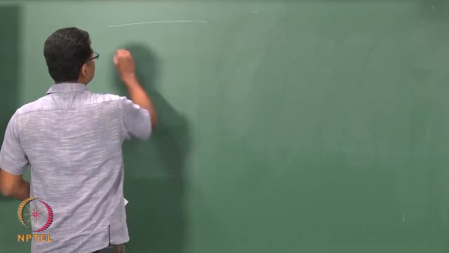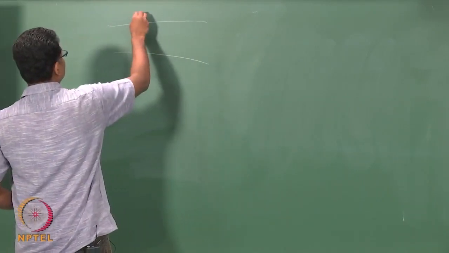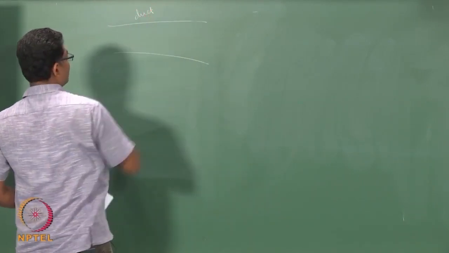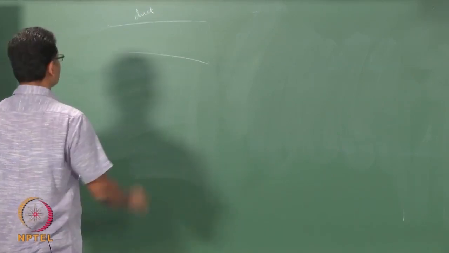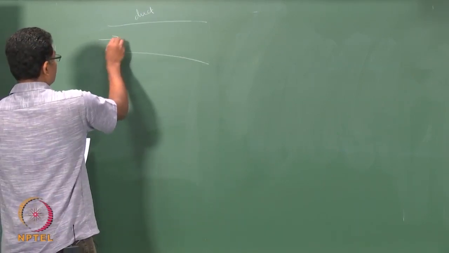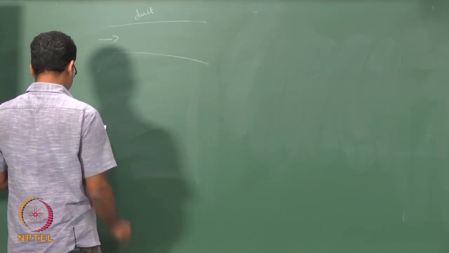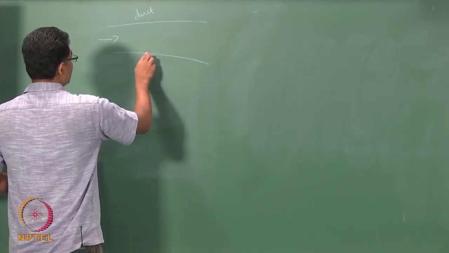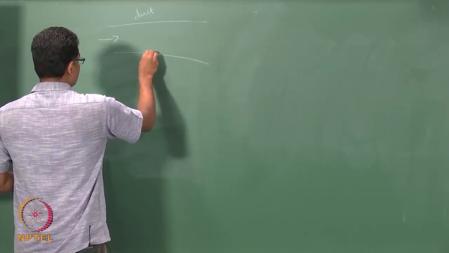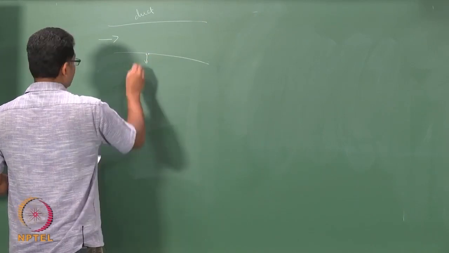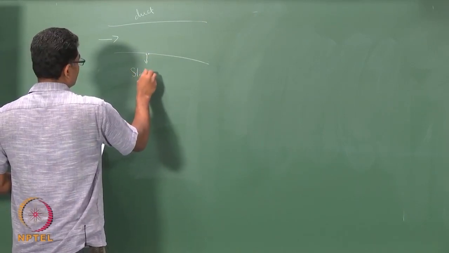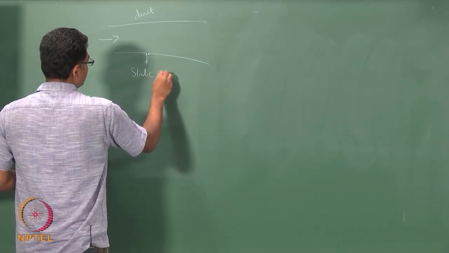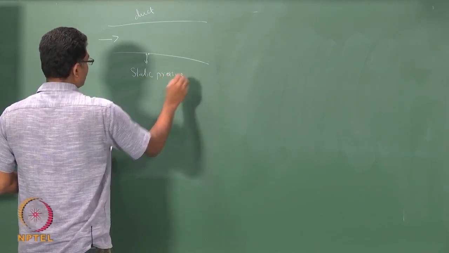So, I have a numerical problem here. I have some duct, probably an area changing duct or whatever. There is some velocity, and I have a static pressure measured here at the wall.